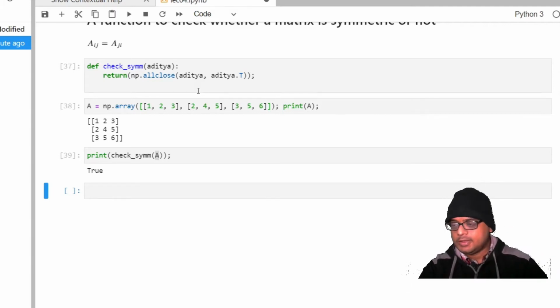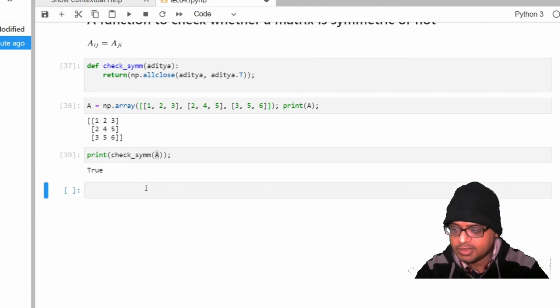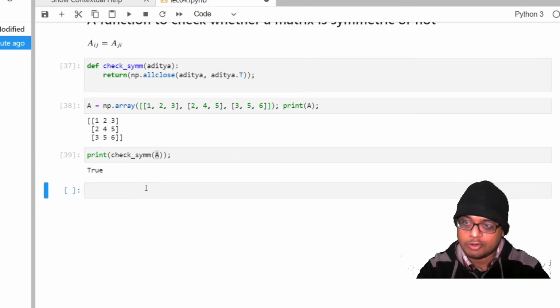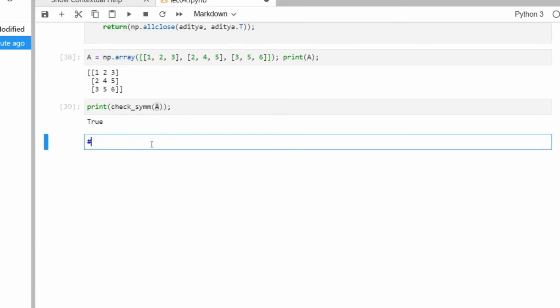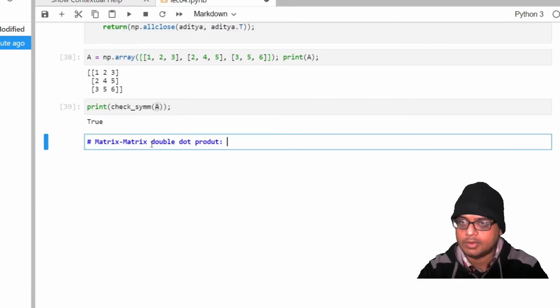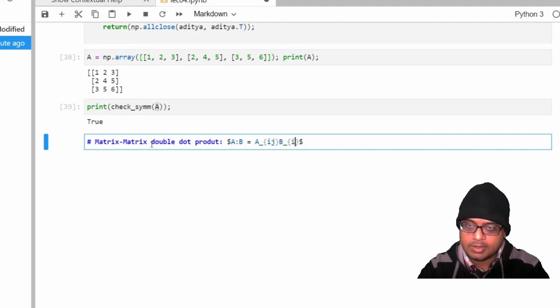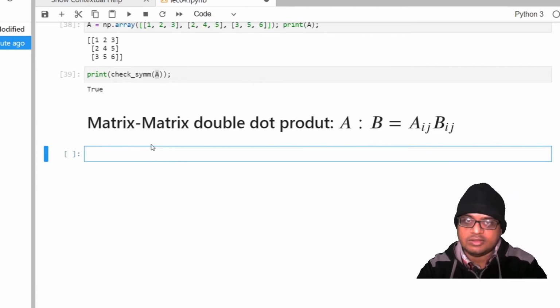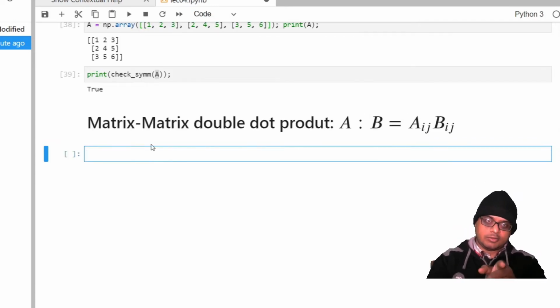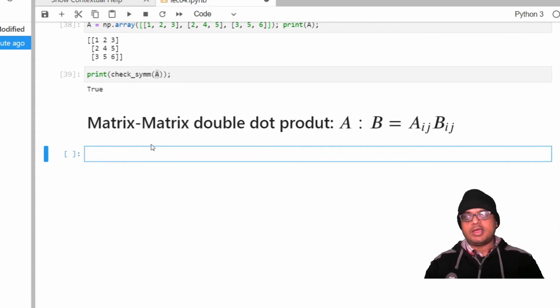All right, so let us define the double dot product. It is defined as a double dot b, and in index notation it is aij bij. This is using the Einstein summation notation, where on the right hand side we have i which is a repeated index and j which is a repeated index.